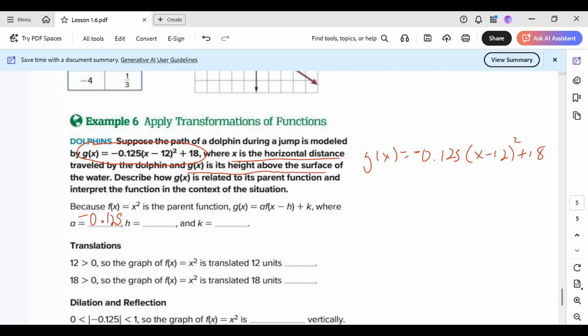So when I look at my pieces, this is A, here is my H, here is your K. So our H is going to be +12, because remember, it's a negative on the inside, and you have to think of it as x minus 12 equals 0, so x equals 12. And the K value happened to be +18, so it stays +18.